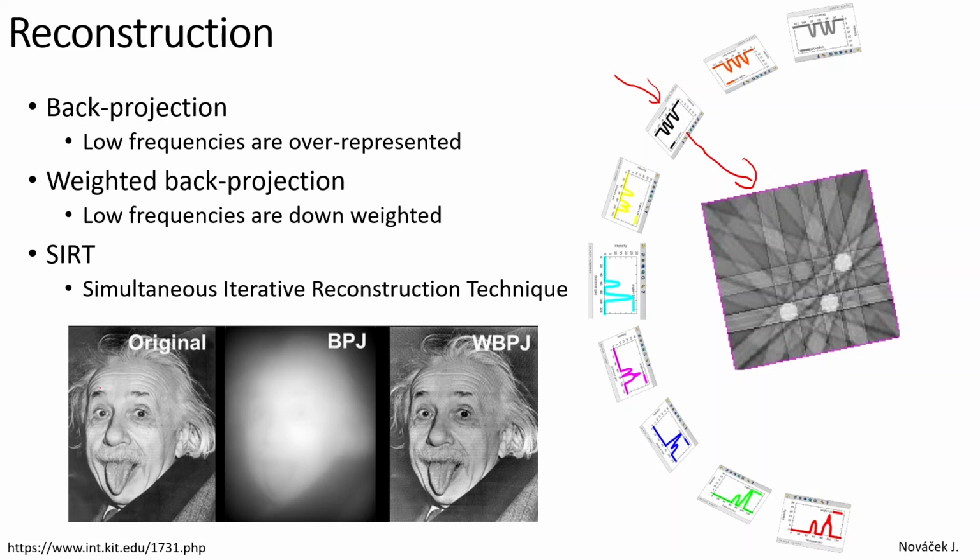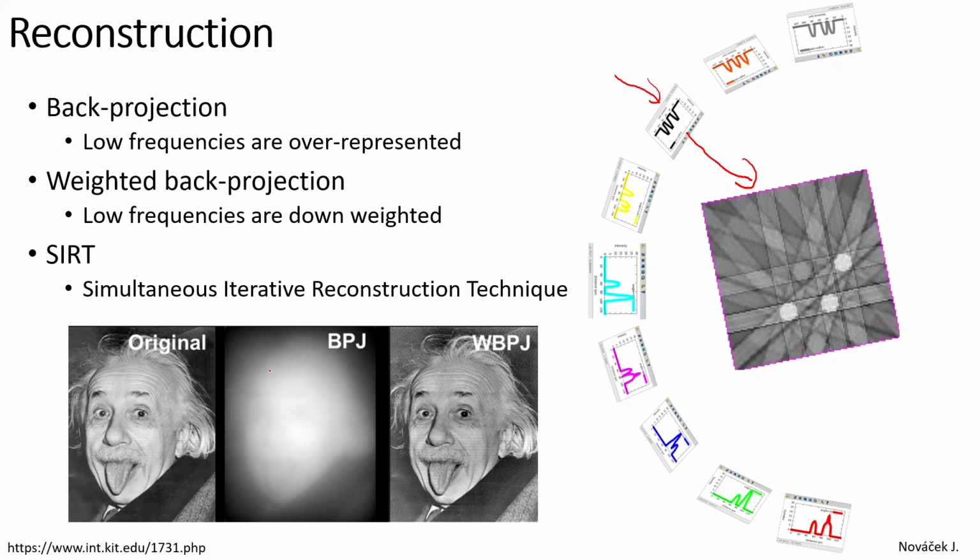Here you can see an illustrative image where the original was projected under many different angles, and then back projection was done. This gives us a very nice image of the original object, yet there is a very low frequency, low resolution haziness around the head of Einstein.